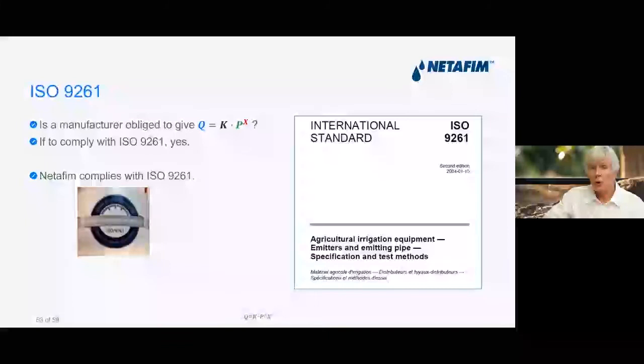However, with the exponent, with this formula, are we obliged? Yes. If we say that we meet International Standards Organization ISO 9261, and Netafim does manufacture drippers to this standard, then yes, we are obliged to give all the values of that equation.